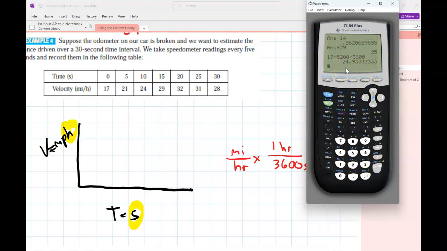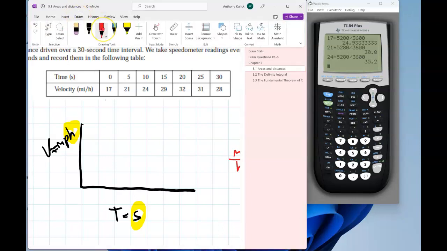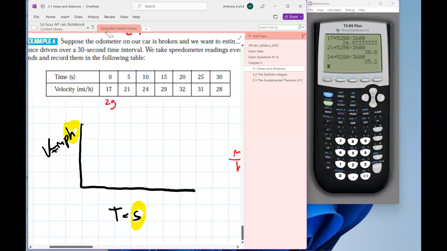So I got about 25 for the first one. Let's just do it all at once here. 21. Okay. And then 24. I guess I could start recording these here. I'm just going to round these to the nearest whole number because it's probably good enough. If you hung on to the decimals, that would be okay, but I think that feels excessive for an example.